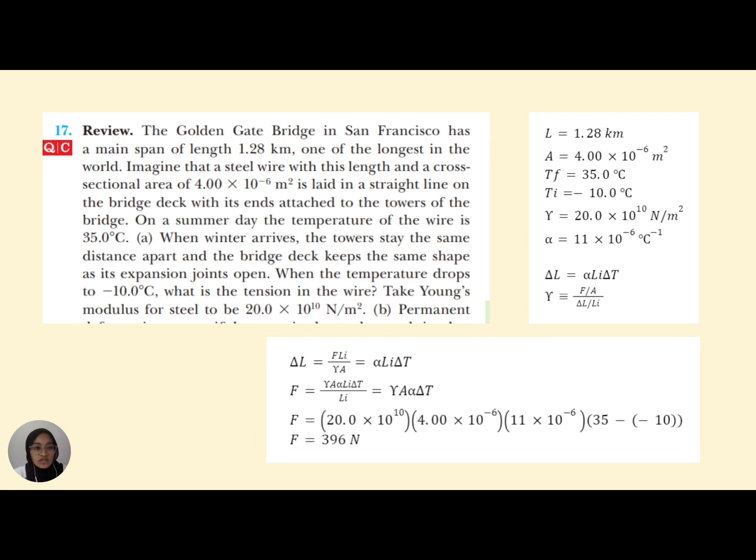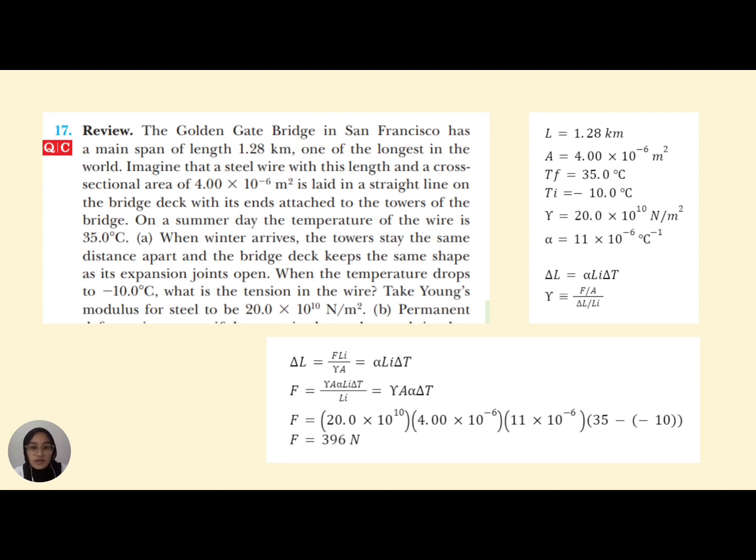Question 17. The question asks for an option, and they give us T initial of negative 10 degrees Celsius and a Young's modulus of 20 × 10^10 N/m². First we use the equation ΔL = αL_initial ΔT, which is the linear expansion.